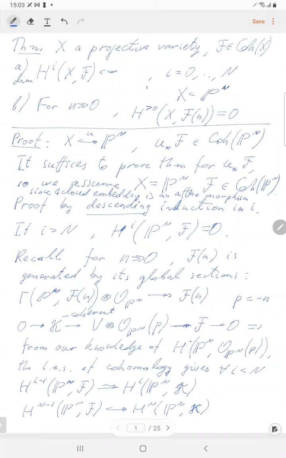Okay. Now we wanted to prove that cohomology is finite dimensional, right? What do we know? Well, we also need one more thing. Unfortunately, I have to turn the page. And let me write down one other surjection.